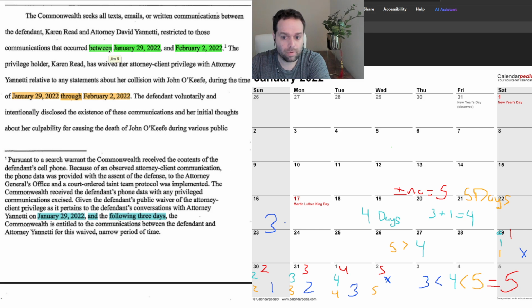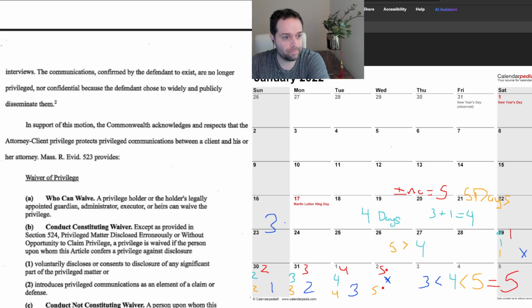So I just don't know how you can get to the 2nd, which requires, you'll see, 5 days from the 29th, including the 29th and the 2nd, of course. But 5 isn't 29 or 1 plus 3. So you see my dilemma here.